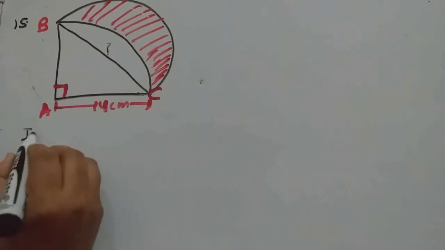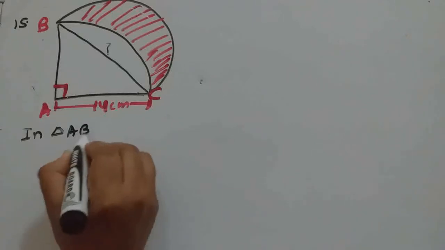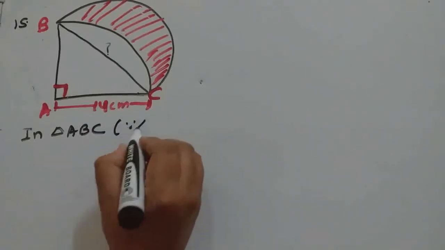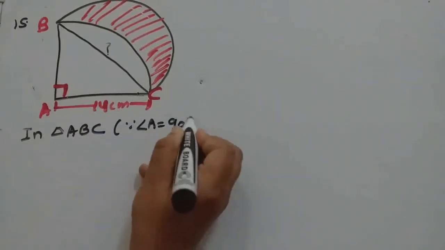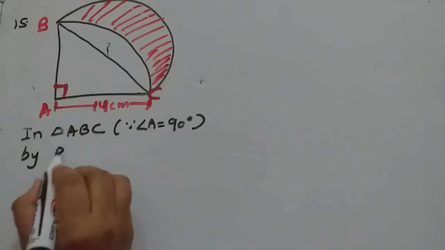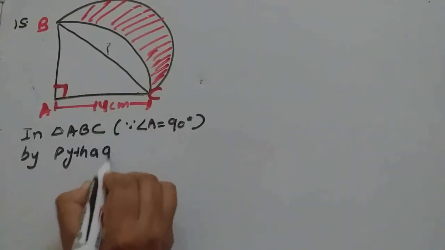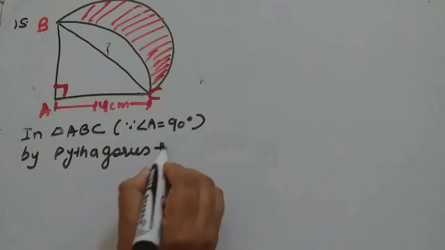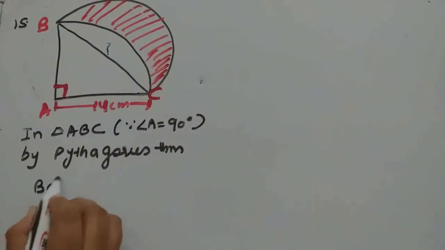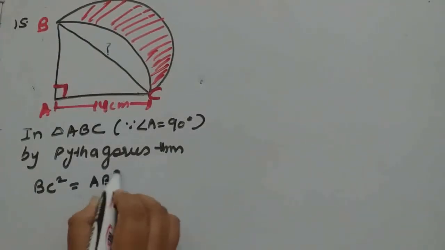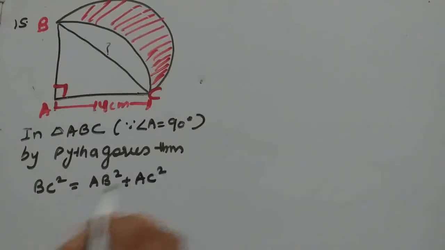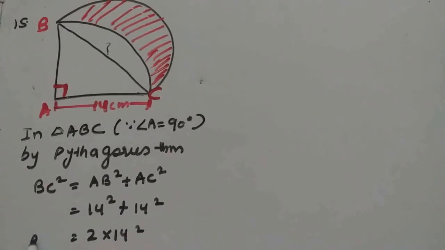So in triangle ABC, since angle A is 90, by Pythagoras theorem, BC square is AB square plus AC square. So 14 square plus 14 square, 2 into 14 square.